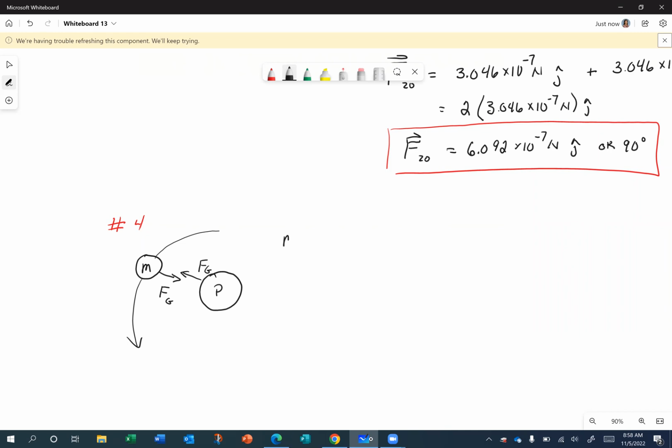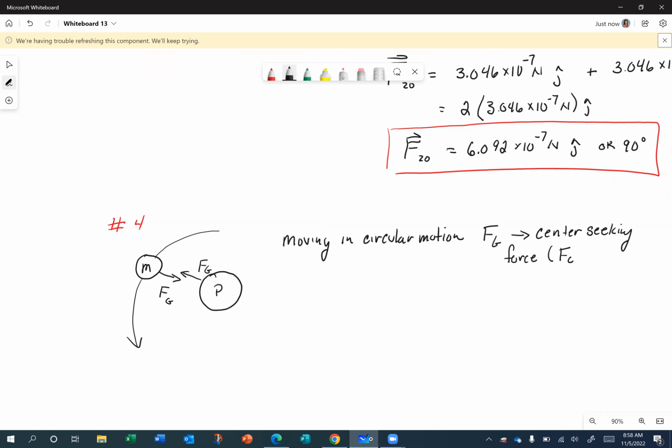So since it's moving in circular motion, what that tells us is that the force of gravity is the center-seeking force, right?